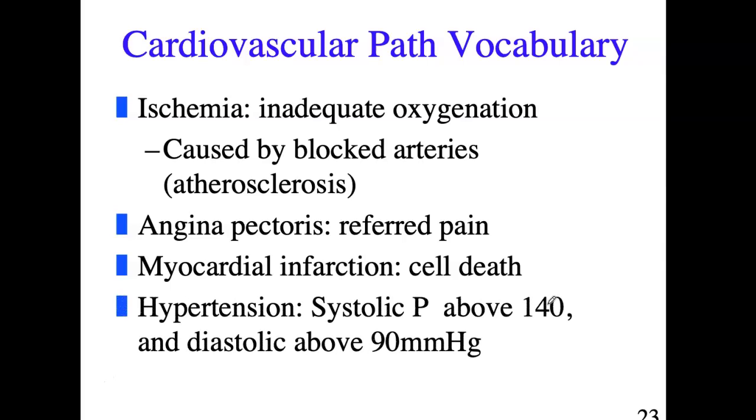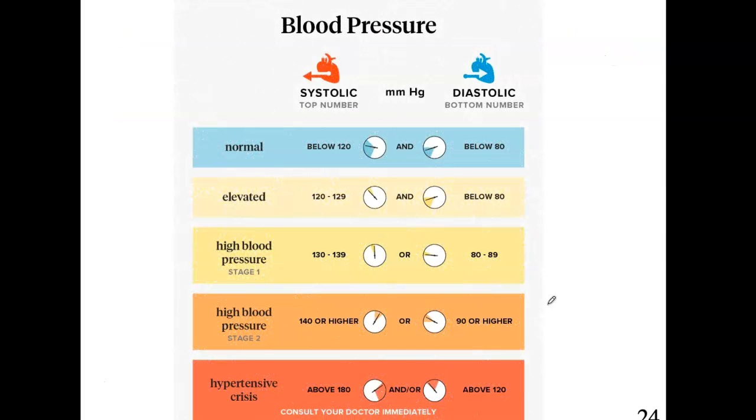Hypertension, we're going to classify that as systolic pressure above about 140 and diastolic above 90. These parameters change over time. I'll show you another chart referring to that. Look at this. So normal, below 120, we're saying now, and below 80.